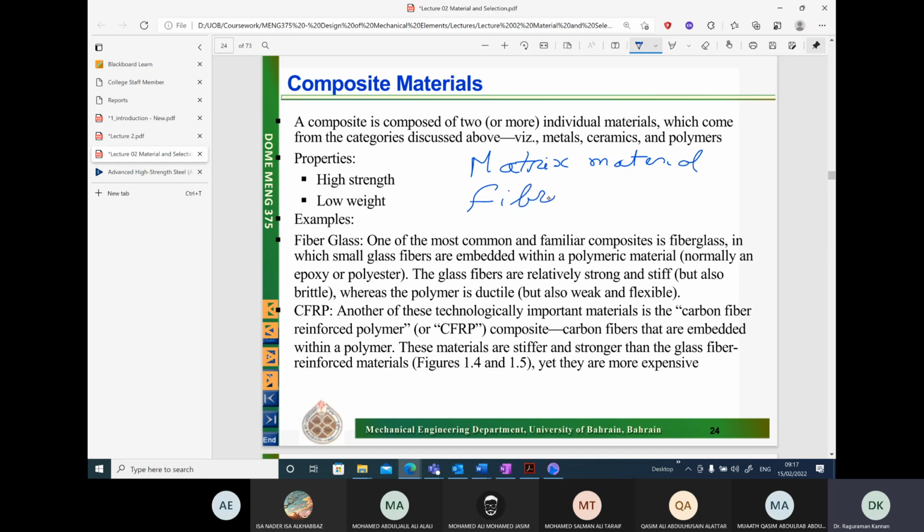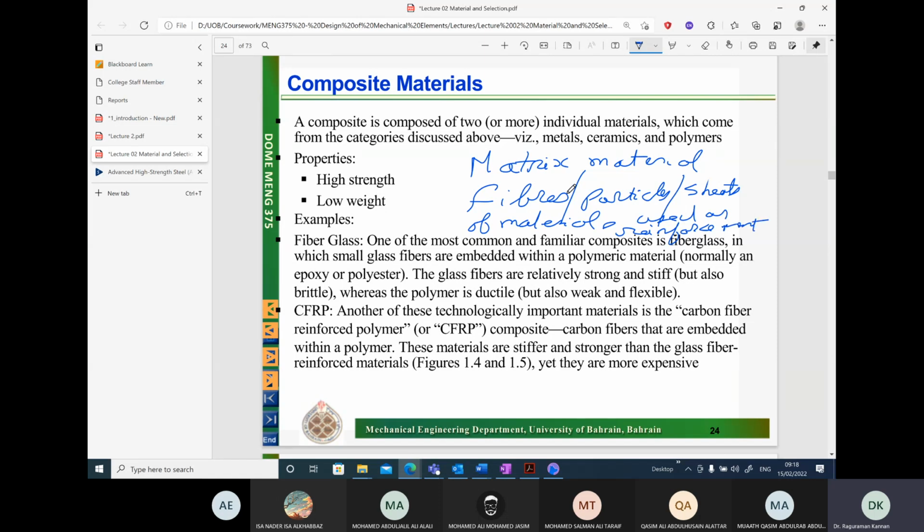We can use fibers, or it could also be particles, or it could be sheets of materials used as reinforcement. Okay, so this is called a composite material.